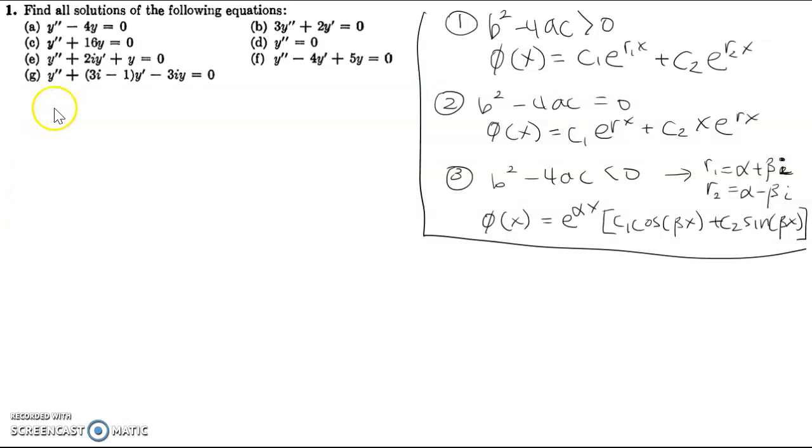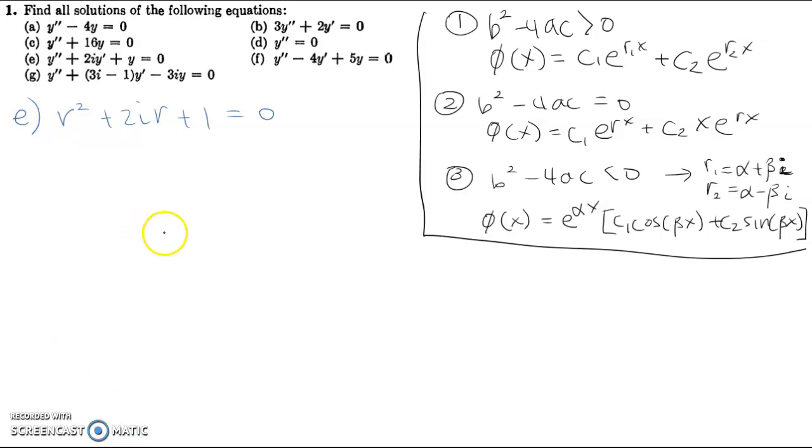Let's continue. We have to do part E. All right, so part E is r squared plus 2i r plus 1 equals 0.